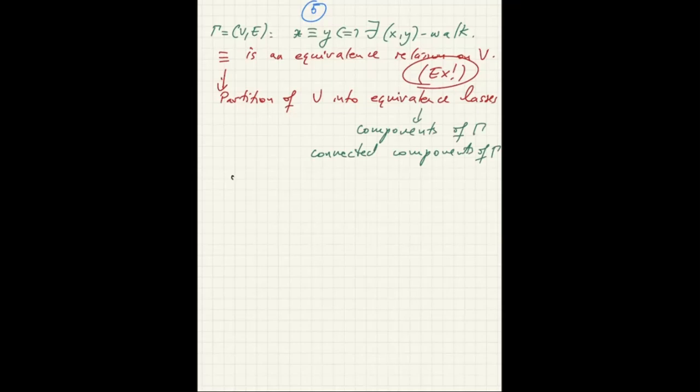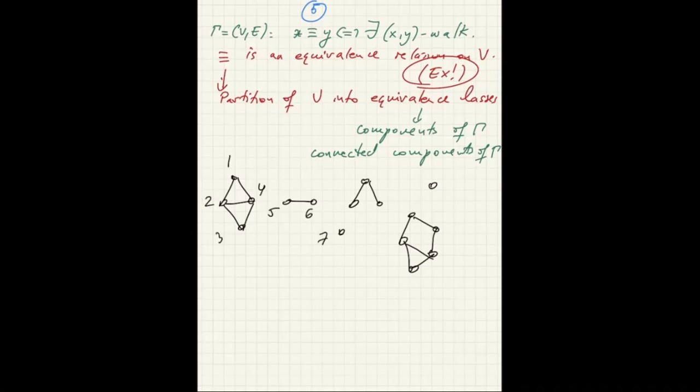If I have this graph, okay, I have vertices 1, 2, 3, 4, 6, 7, 8, 9, 10, 11, 12, 13, 14, 15, 16.